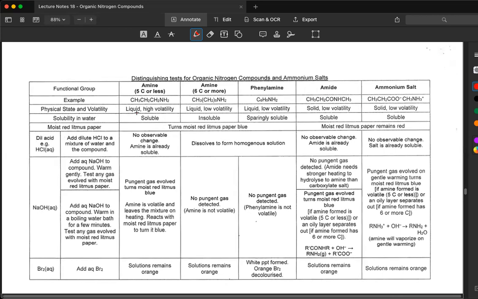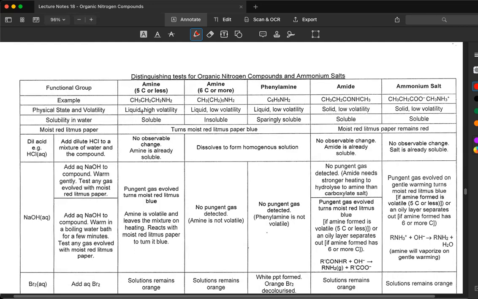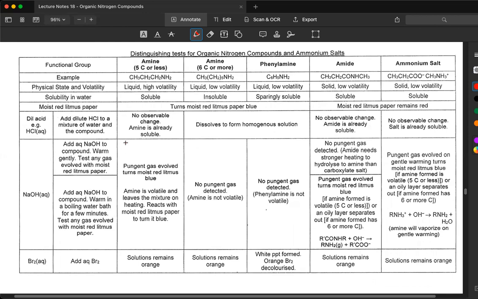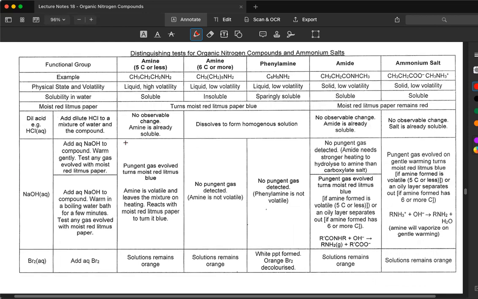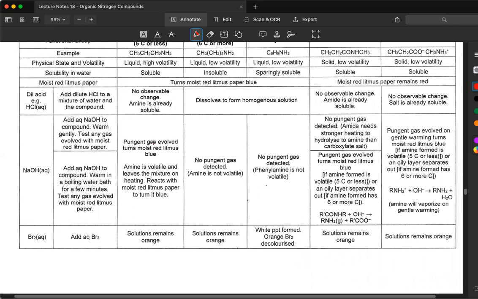For amine with 5C or less, we look at them one by one. They are liquid, high volatility, soluble in water, and turn moist red litmus paper blue. With dilute acid, there is no observable change because the amine is already soluble in HCl. Though there's a reaction, you cannot really see any apparent change.